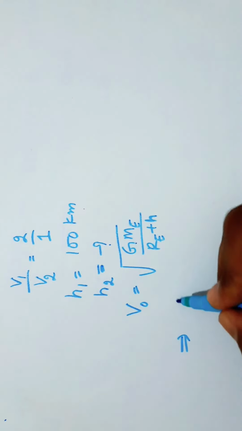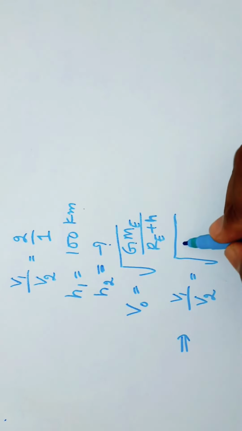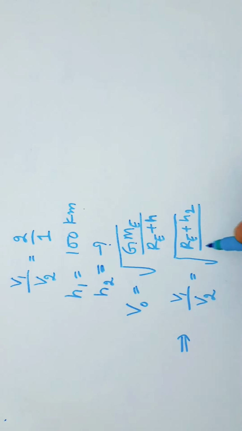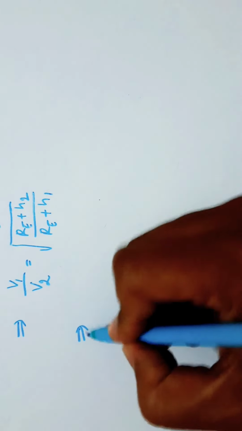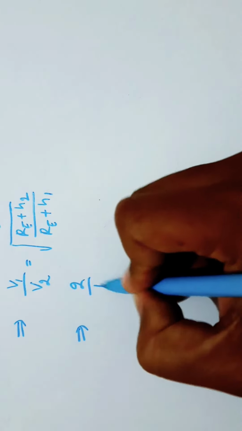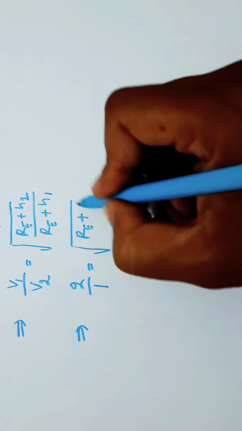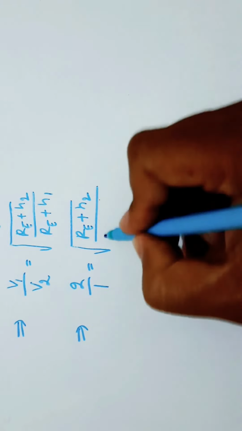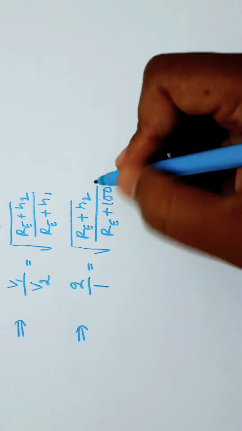So we can write V1 by V2 is equal to square root of Re plus h2 by Re plus h1. Here V1 by V2 is 2 by 1, that is equal to square root of Re plus h2 by Re plus h1, where h1 is 100 kilometer.